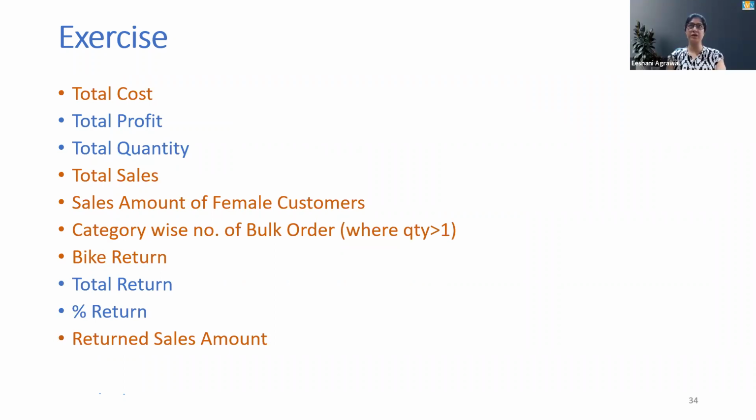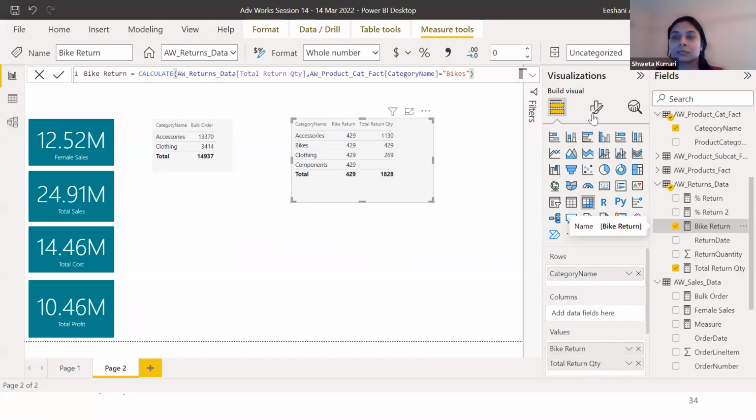What is the returned sales amount? So my total sales has been 24.91 million. This was sales, but returns also came in. So what is my total return sales amount?